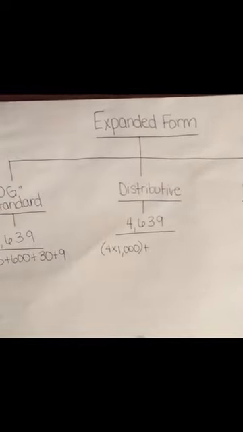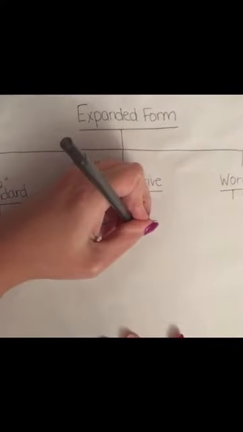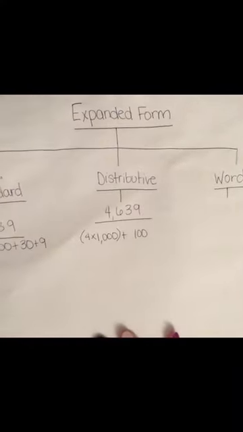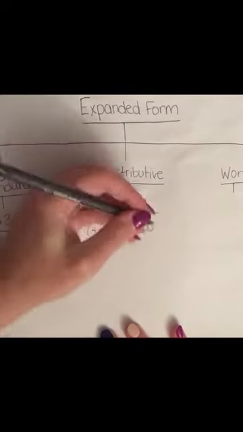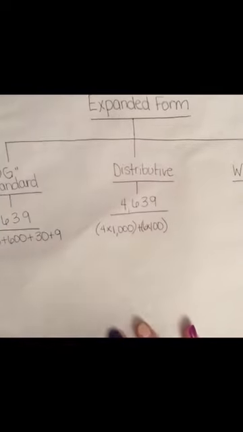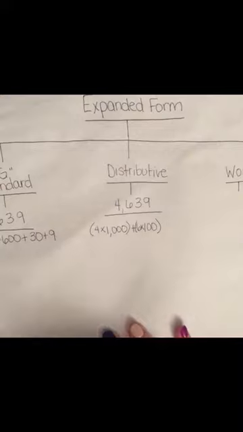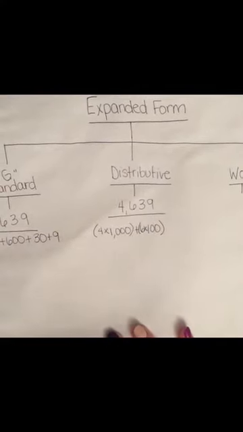Plus, next one over, we have ones, tens, hundreds. So 100. How many hundreds are there? Right, there's 6. So times 6. Next over, we have the 3. What place value is it in? Ones, tens.